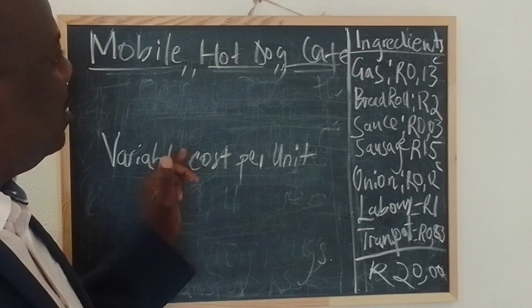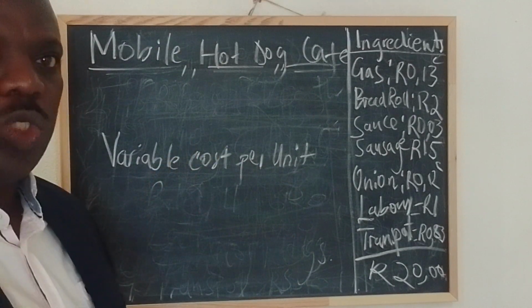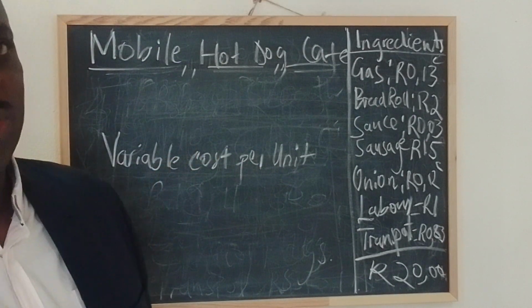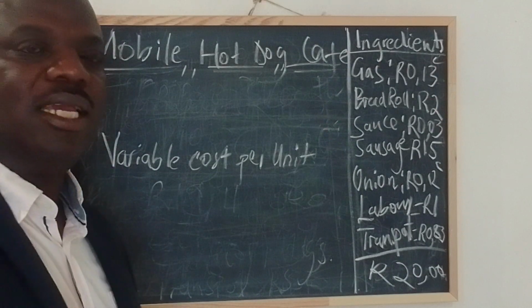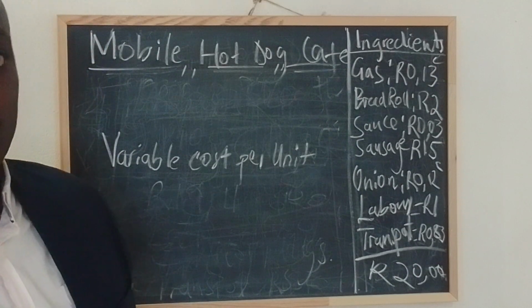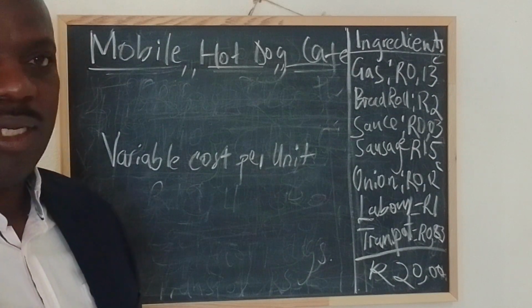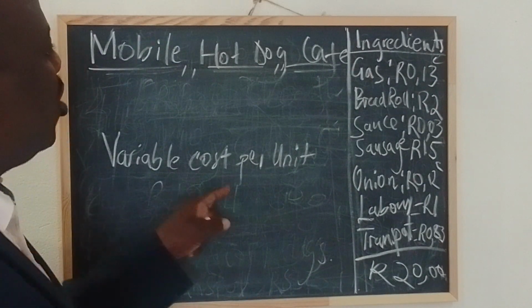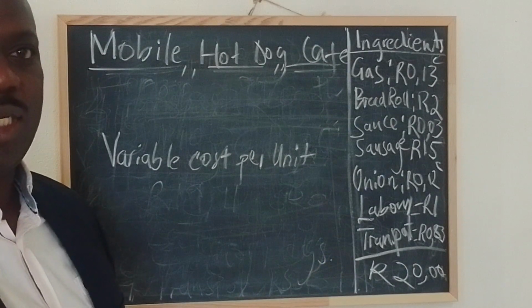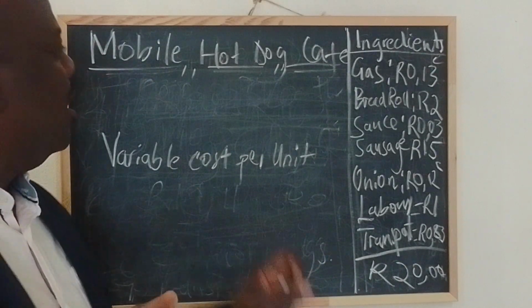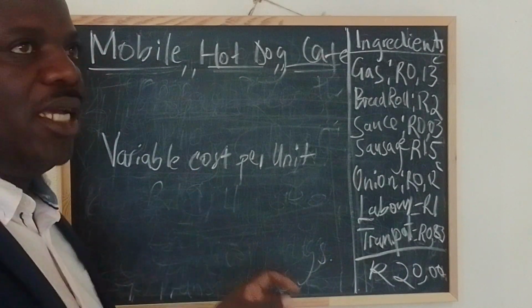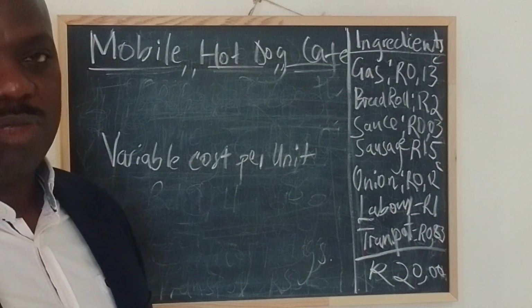Remember, there is different terminology. Manufacturers have a different way of calling things. Retailers, traders, and wholesalers have their own language. Variable cost per unit should not confuse you. For the retailer, if you are selling cold drinks, you buy your cold drink from the wholesaler.